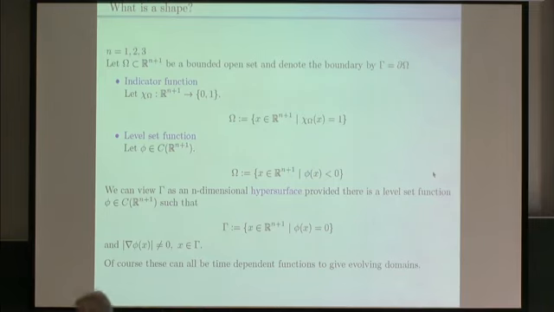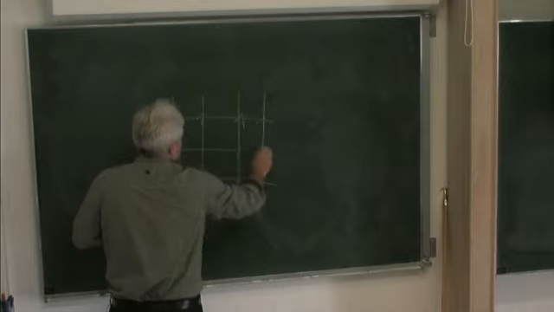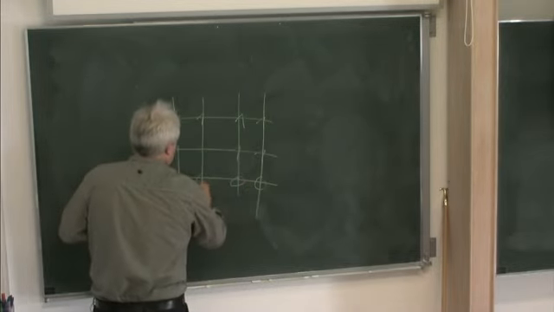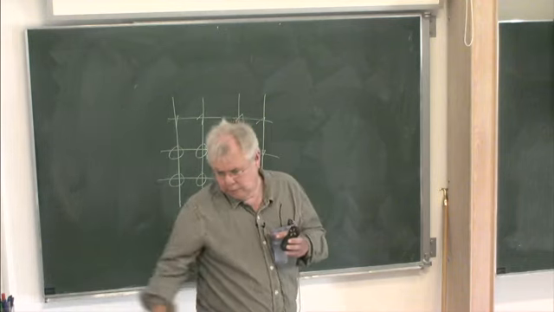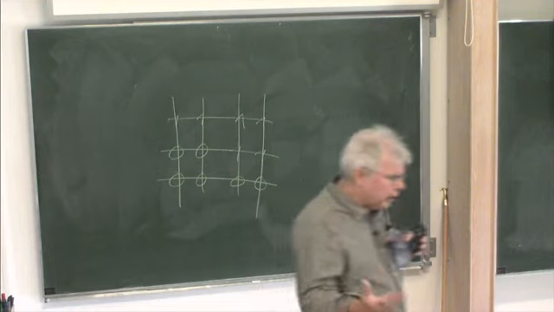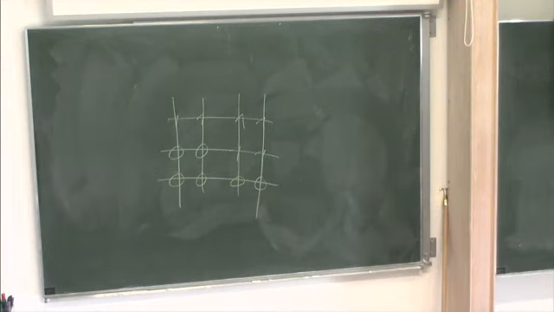So you have a square grid. Your indicator function is given a value 1 or 0. So at all the grid points, the indicator function is either 1 or 0.